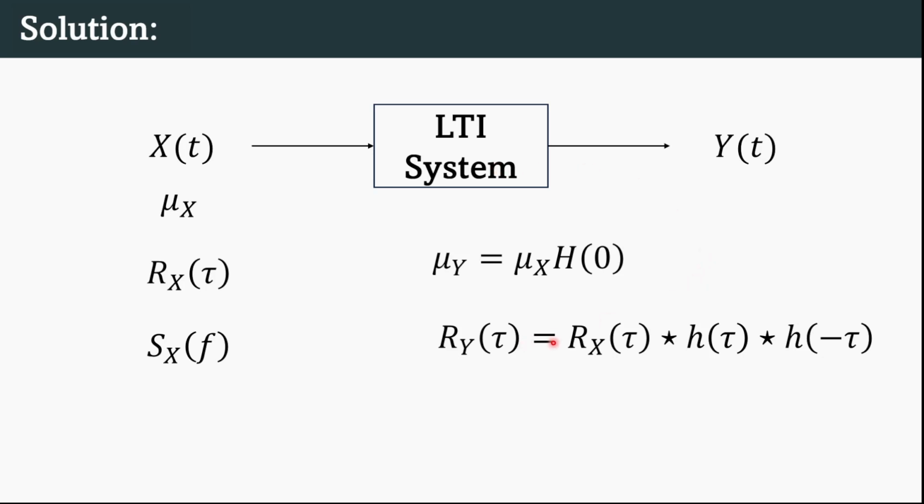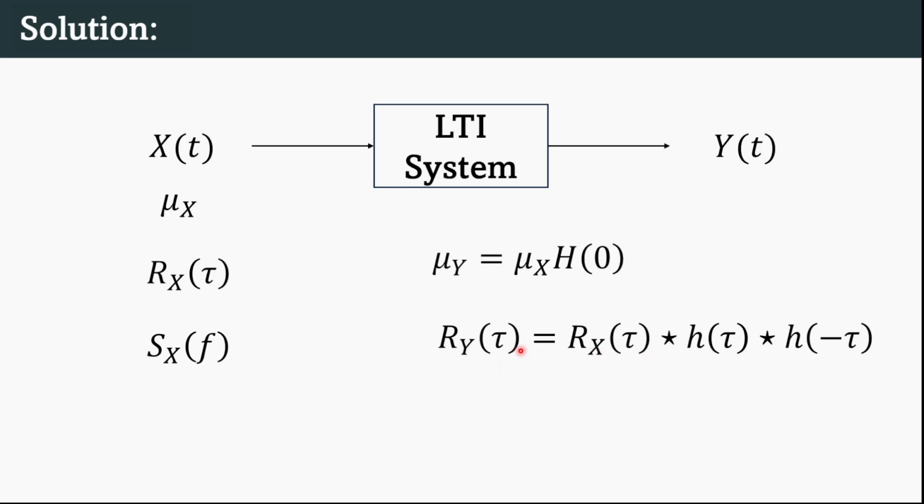Okay, and hence what you observe is that the output random process y of t has an autocorrelation function which is given by the autocorrelation function of the input process convolved with the autocorrelation function of the LTI system. We can see this equation in that fashion.